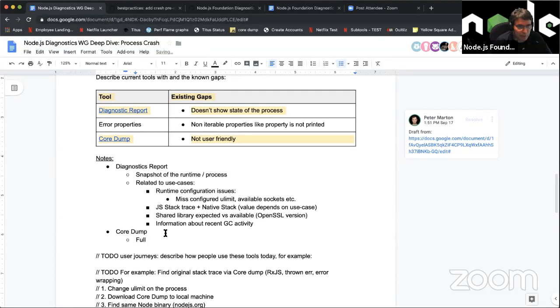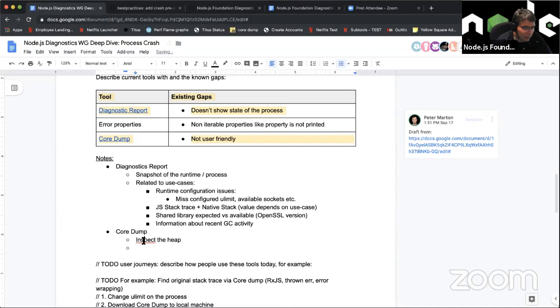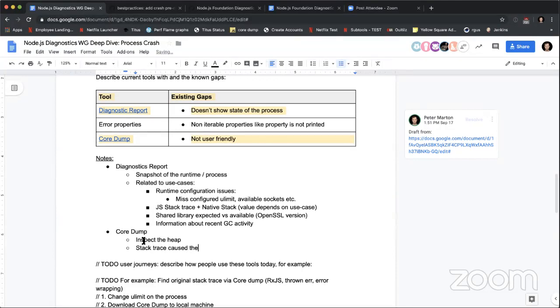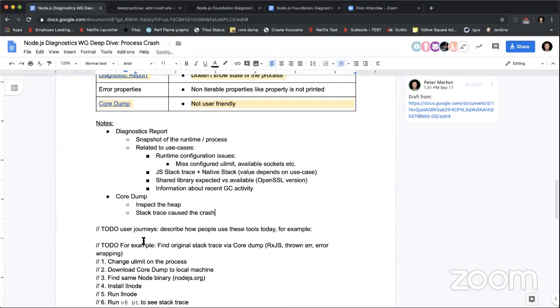That's true. It's really just more work to extract the info from it. Last time you were also saying that you are able to capture the original error context from the core dump. Yes.